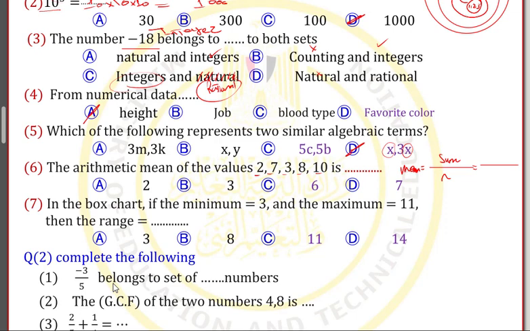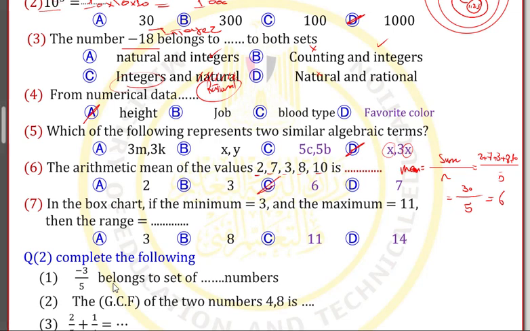So let's add all of them up: 2 plus 7 plus 3 plus 8 plus 10, over the number of values, which is 5. The sum at the top is going to be 30, divided by 5 is 6. So the answer is letter C, 6.